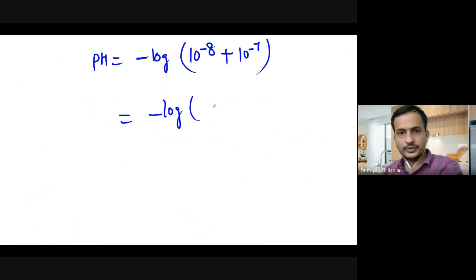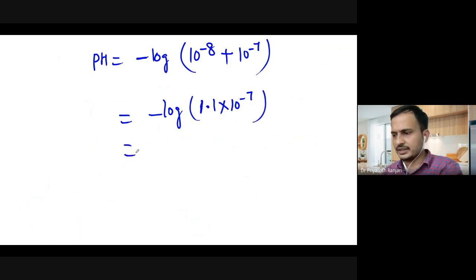You can either use a calculator or follow the log table. I'm using the calculator. So if you add this, you'll get 1.1 into 10 raised to the power minus 7, simple.